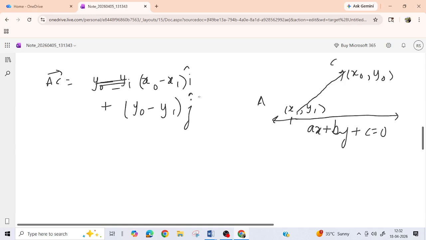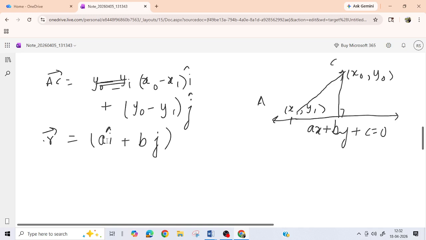Now as I had just derived, the vector which is perpendicular to this specific line, if you look at this perpendicular vector, would be a i cap plus b j cap.